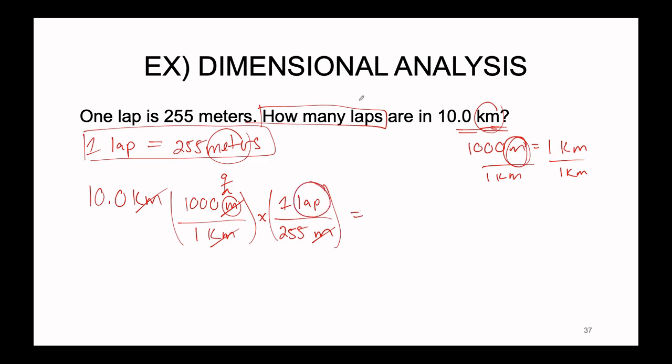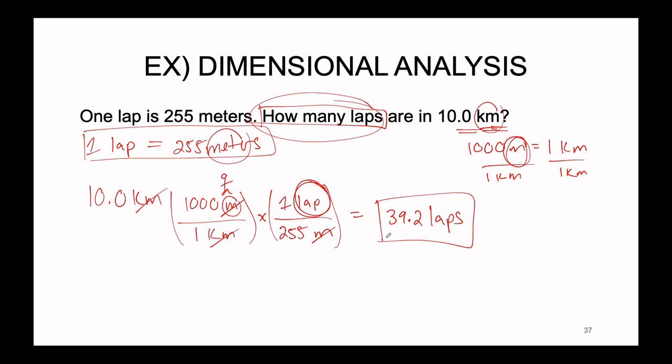So we just did this. We set up a calculation to answer the question, how many laps, and used our conversion factors to convert, leaving only the unit of the lap. So in solving for how many laps there are, we are left with 39.2 laps.